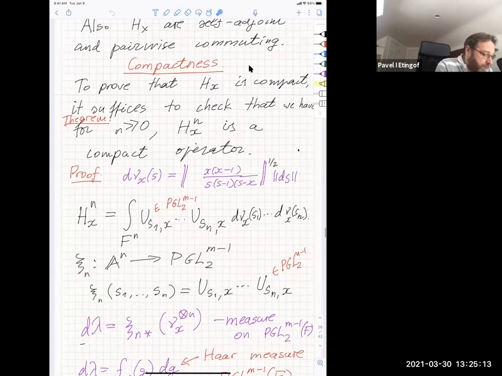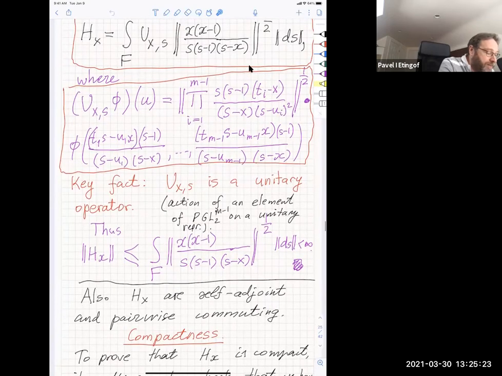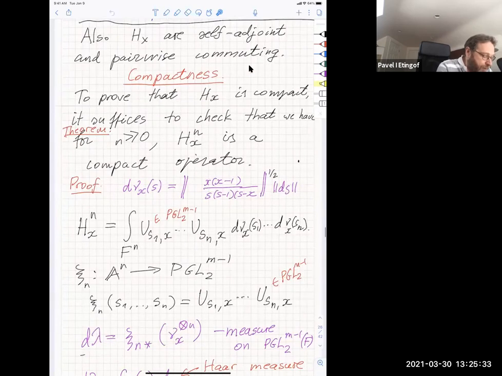And so I can think of this element as lying in PGL2 to the power m-1, because I'm doing it in every coordinate. In every coordinate, x is the same for all, and s is also the same for all, but t is individual for each coordinate. So this is an element of PGL2 to the power m-1.